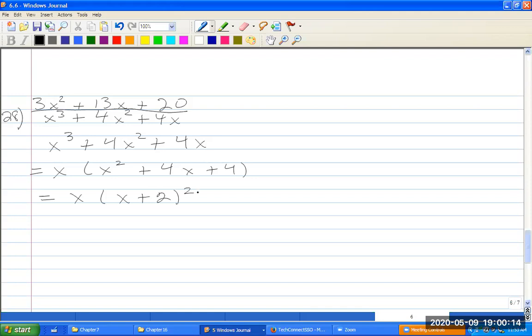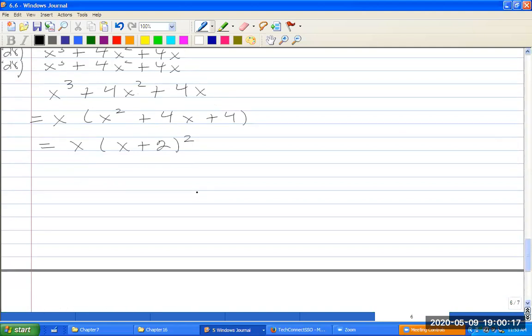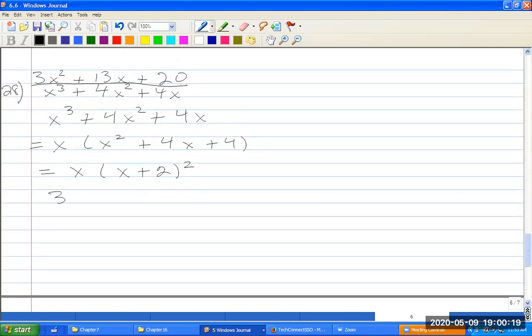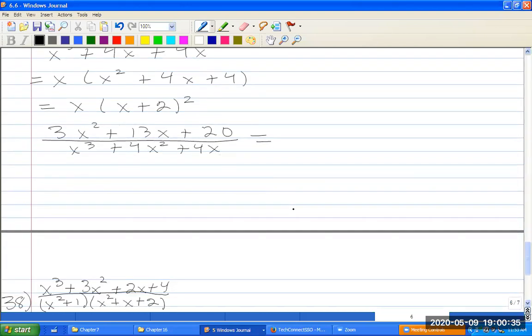So I have that 3x squared plus 13x plus 20 over x cubed plus 4x squared plus 4x is equal to 3x squared plus 13x plus 20 over x plus 2 squared.